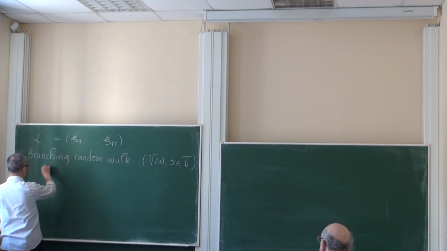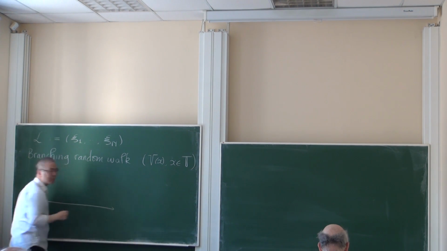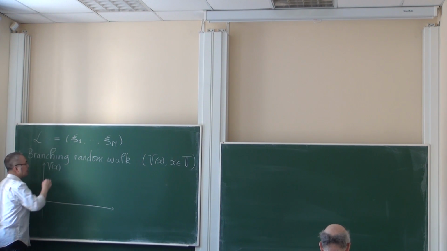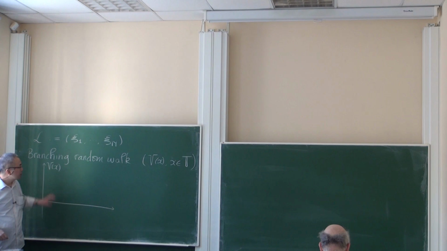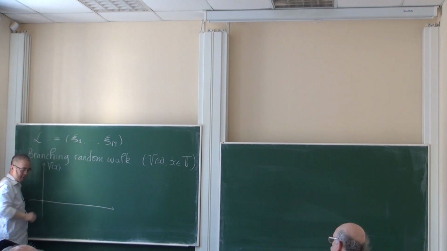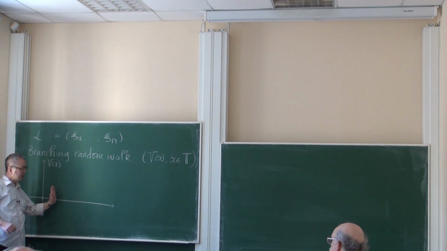So I can write a generic picture about the position of a branching random walk. So at the beginning, I have just one particle at the origin, let's say. So time is discrete.